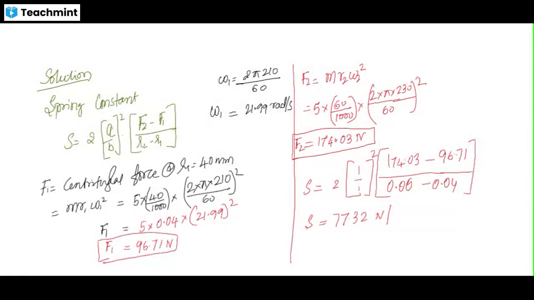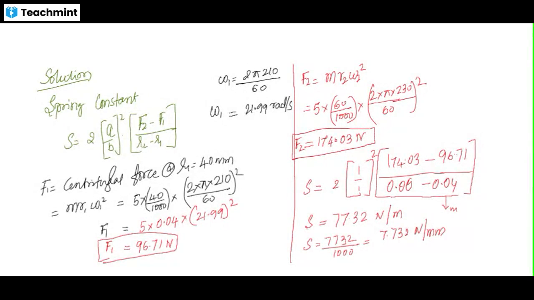This is in Newton per meter, because you substituted these two values in meter. Now 7732 divided by 1000 is 7.732 Newton per mm.